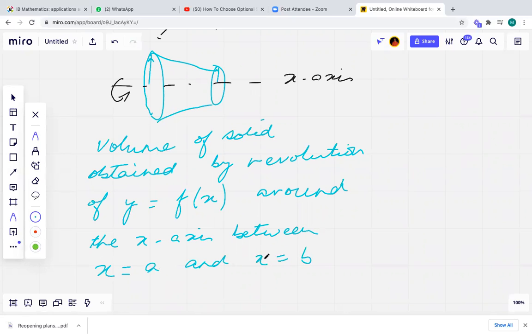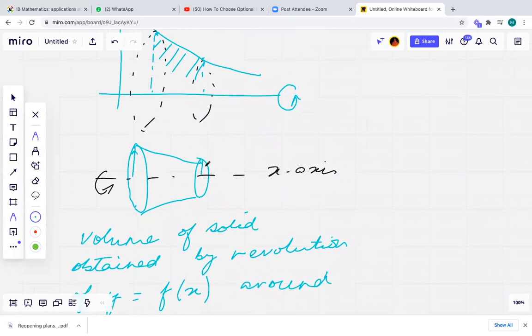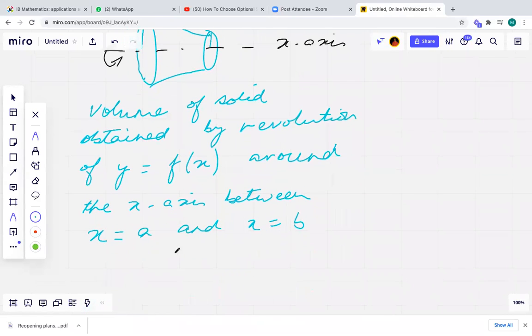Now this was the solid I have obtained. I obtained this solid by revolving y equal to f of x around the x-axis, between x equal to a and x equal to b.